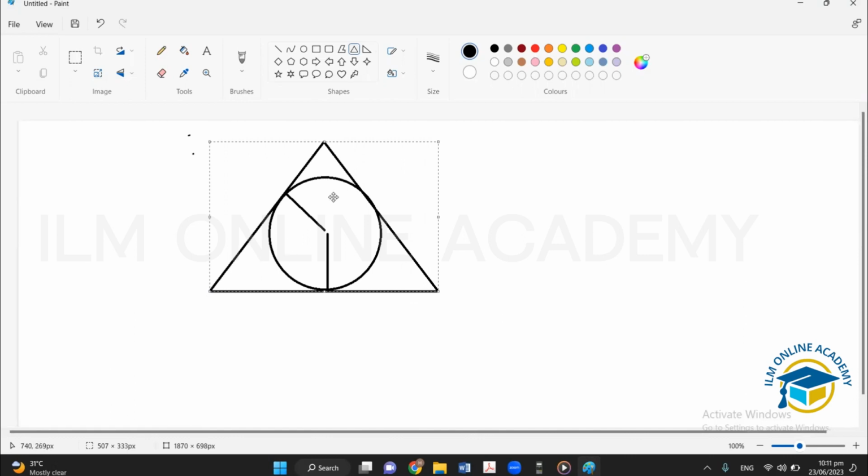See, this is the thing I'm talking about. This is an equilateral triangle, and if it is an equilateral triangle, you already know that here it is 60 degrees, here also 60 degrees, and here also 60 degrees.